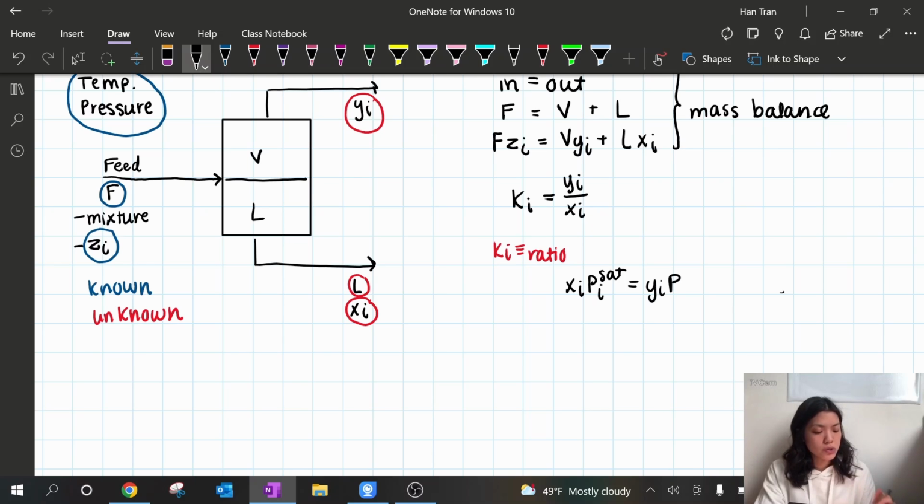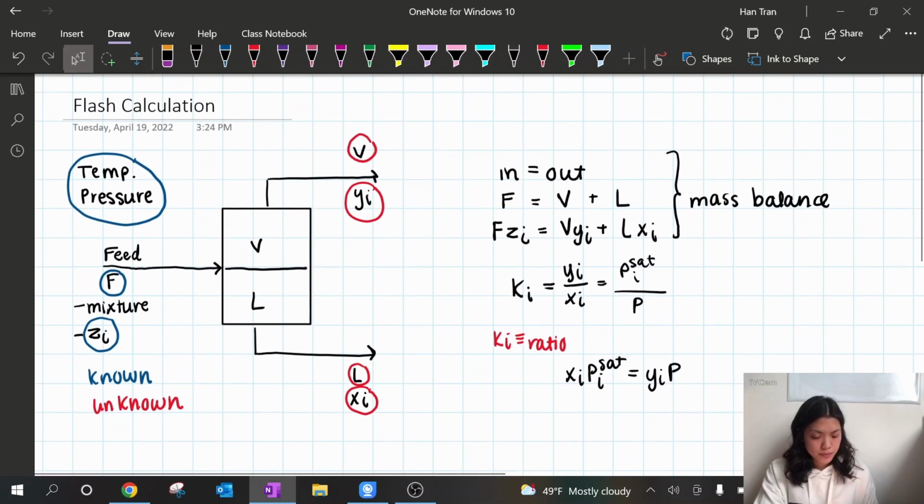And so, using Raoult's law, we can also establish that the ratio is going to equal the saturated vapor pressure of the component over the total pressure, and this is just from the cross multiplication. So if we were to cross multiply, that would go there and that would go there. So we know that to be true. We can clean it up so it's not as messy.